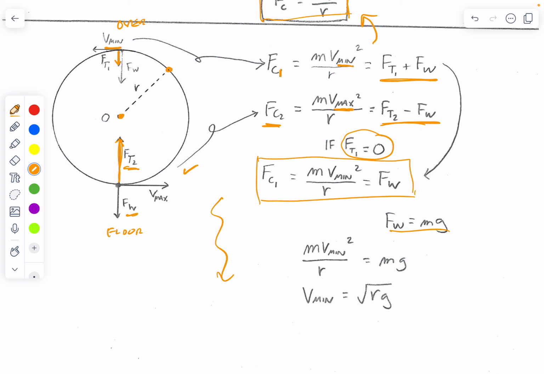And so we can say that the mass times velocity squared over the radius, which is going to be the minimum centripetal force, is equal to mg. Now, if we cancel out the masses and we solve the equation for v, we get the square root of r times g.